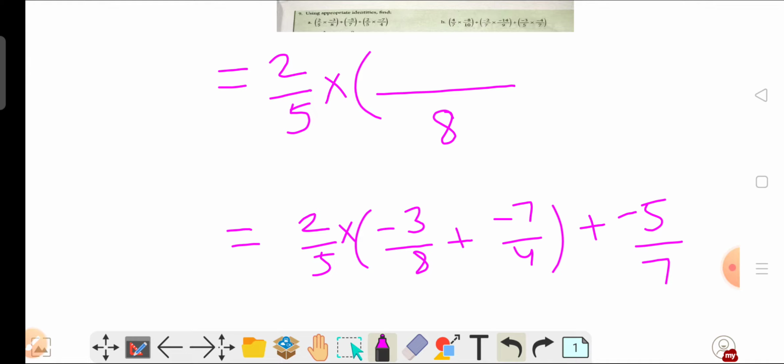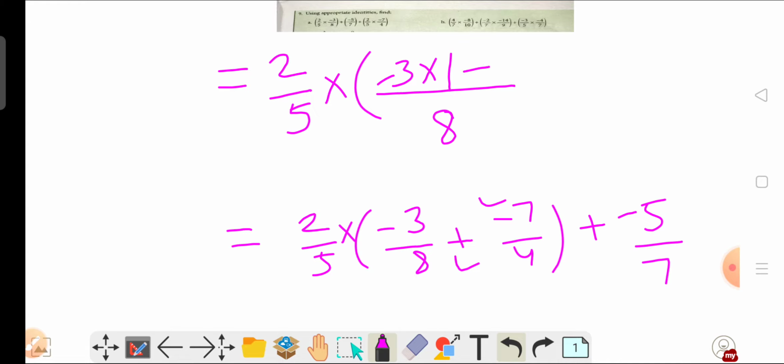Now when we divide 8 by 8, what will we get? 1. So minus 3 should be multiplied by 1. Again, this is a plus sign and this is a minus sign. If two signs come together and there is no number between them, then their resultant sign will be negative. So we put a negative sign here.